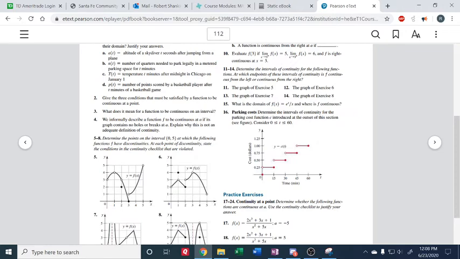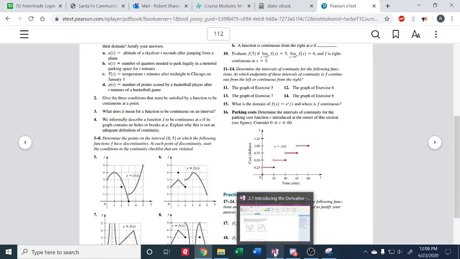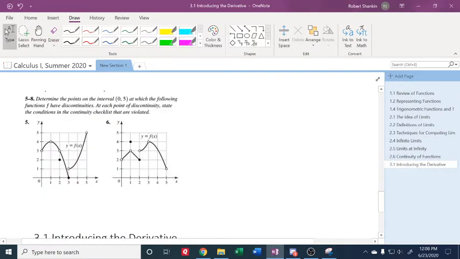So let's go back to here. Intervals of continuity are from 0 to 1, and at 1 it's not continuous.